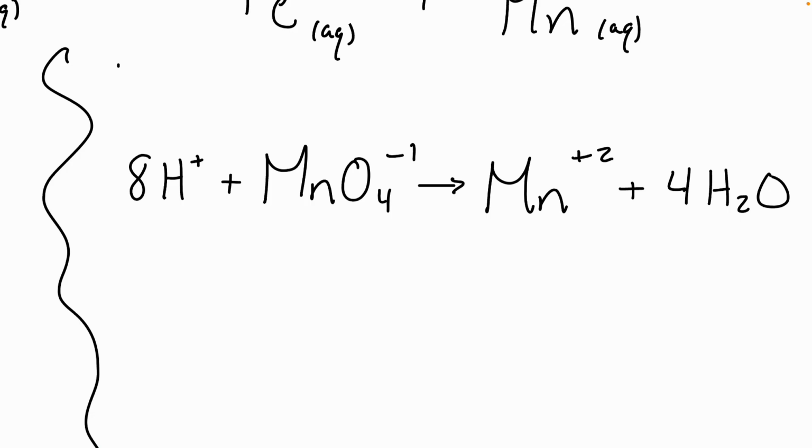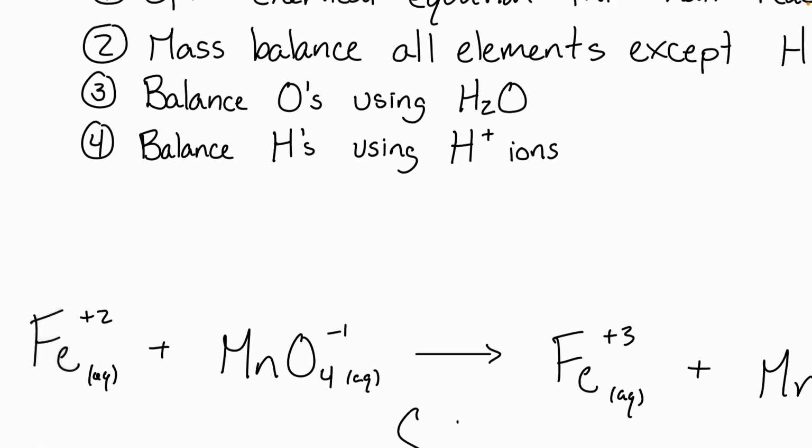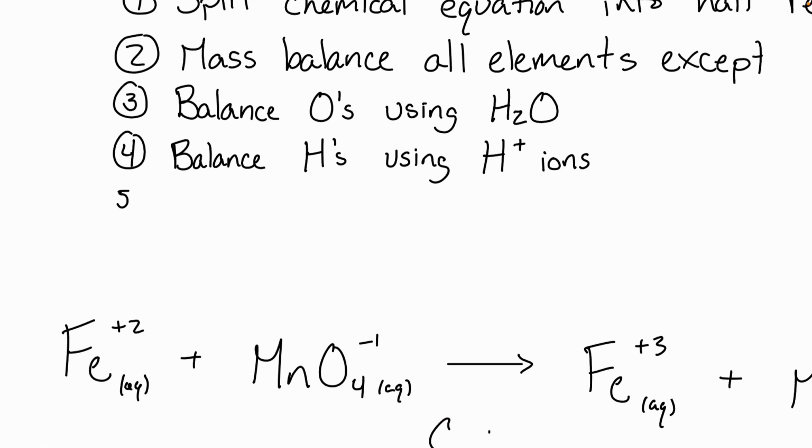Okay, and now is this really crucial step for these redox reactions. We're going to charge balance these half reactions using e-, using electrons here. So what the heck do I mean by charge balance?